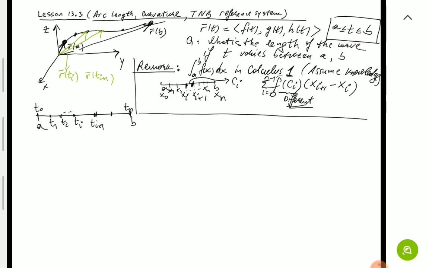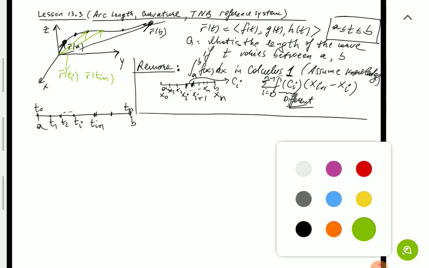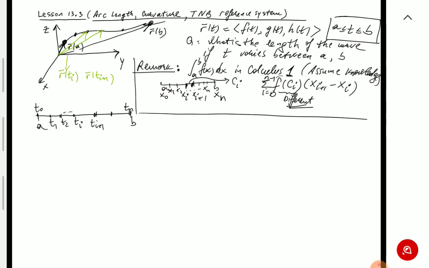The idea is that we can approximate the length of the curve if we connect these intermediate points on the curve with straight lines. So in other words, we're going to approximate the length of the curve with secant lines. And we did this in calculus 1, I want to remind you, except that we did it in the context of a single variable function.